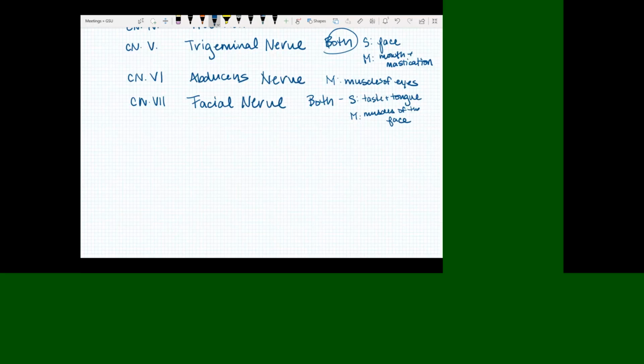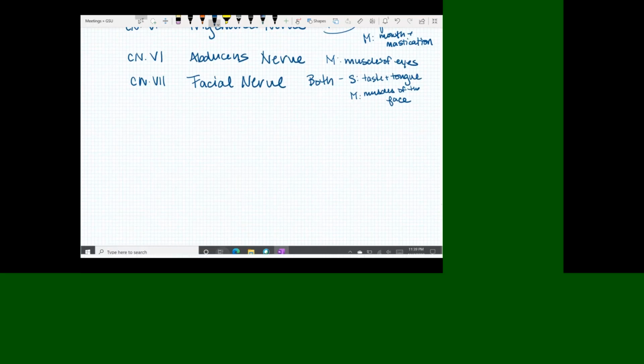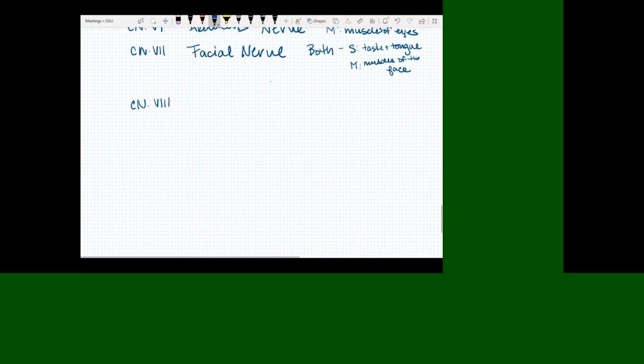Then we're going to have cranial nerve 8, and if I had to pick a favorite one, it would be this one, mainly because the name is a little bit confusing. So this is the vestibulocochlear nerve. Vestibulocochlear nerve. So vestibular system and the cochlea. This is a sensory neuron or group of neurons.